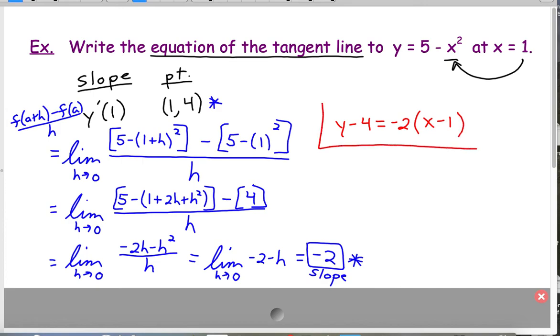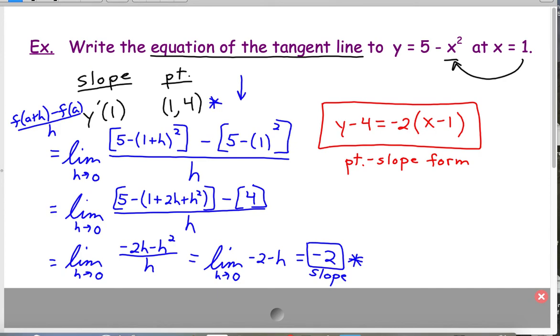And you're going to find in calculus, a lot of times it's better to leave it in point-slope form instead of slope-intercept form, for example, because by looking at this, right away you know what the derivative is. It's the slope right there. And you know we're doing the tangent line at the point. We have the point here, 1, 4. So leaving it in that form, it tells you a little bit more about what we're doing.